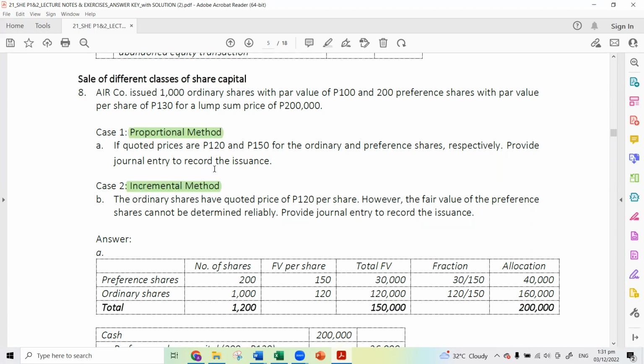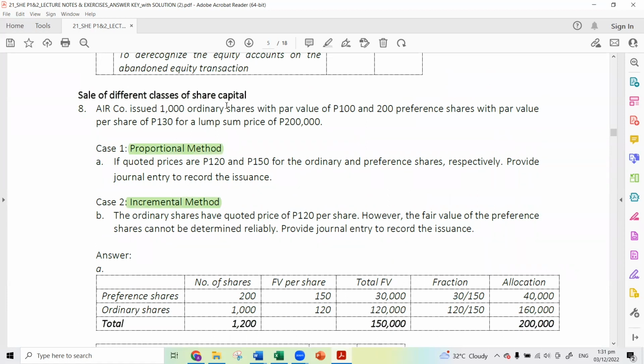Again, sale of different classes of share capital is when the entity issues more than one class of share capital for a lump sum price, or what you call a basket sale. The issuance is accounted for in one of the following methods: the proportional and the incremental method.